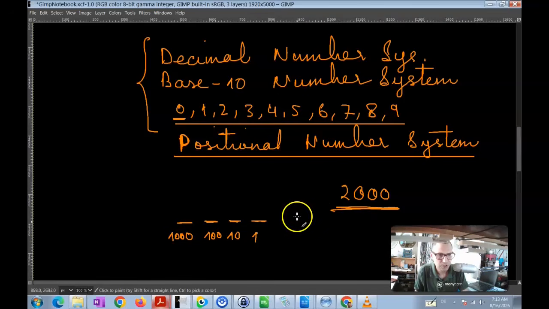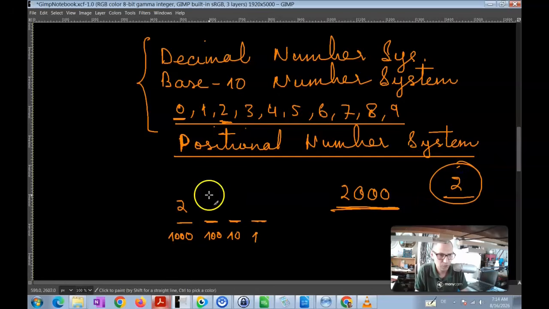If I put a 2 in the thousands place, that alone is 2 groups of 1,000, which is 2,000. But these place values have to exist in the number. Otherwise, if I just write a 2, that would be just a 2 and not a 2,000. So I have to be able to put something in these place values so that this 2 has the value of 2,000. For that purpose we use 0 in the decimal number system.